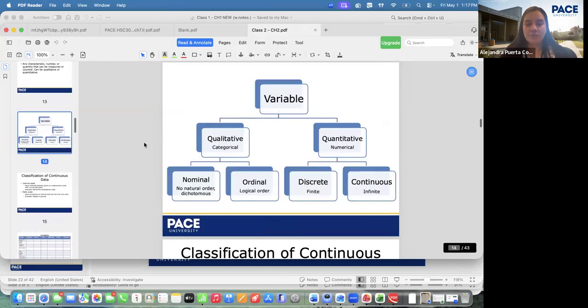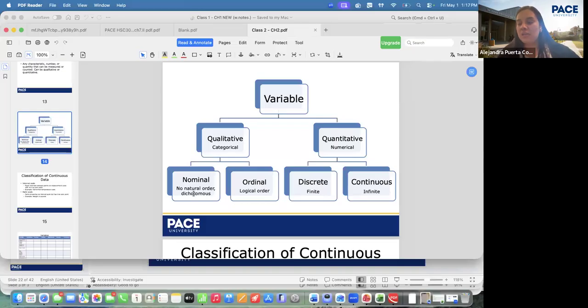Okay, very important variables. Qualitative versus quantitative, right? So qualitative will be the categorical variables. Quantitative will be the numerical variables. In the qualitative, we have nominal, in which we don't have an order, right? All dichotomous qualitative variables are going to be nominal. So, of course, that will be yes or no, right?